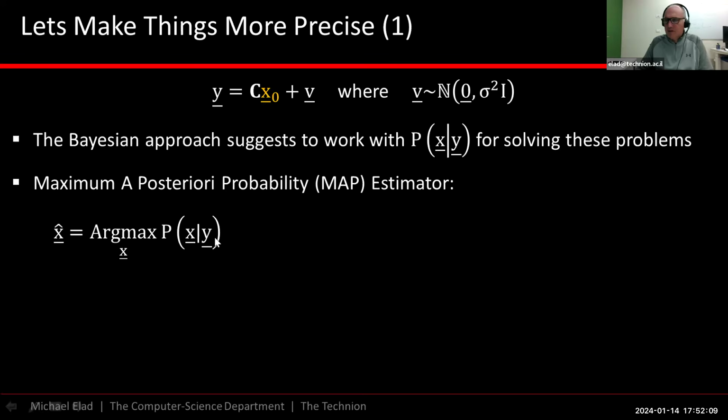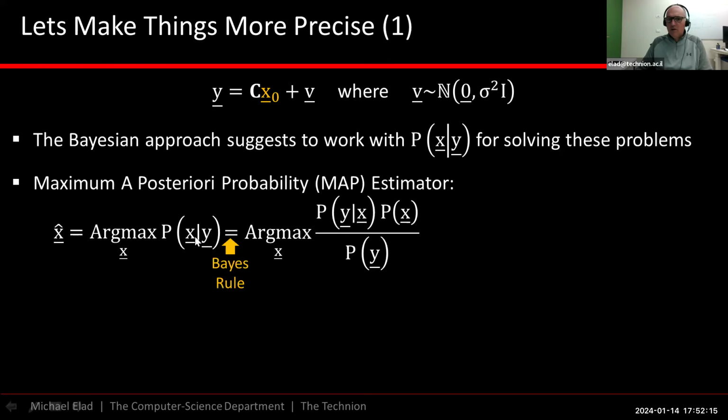And you know what? Let's now develop this. Remember, I can use the Bayes rule and replace the order between x and y. So I'm replacing P of x given y with P of y given x times P of x divided by P of y. This is the same thing. Now, I'm supposed to find the x that maximizes this. Notice that the denominator plays no role, because it's a constant with respect to x.